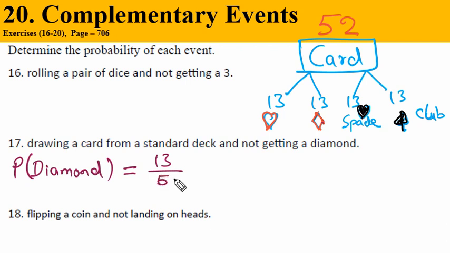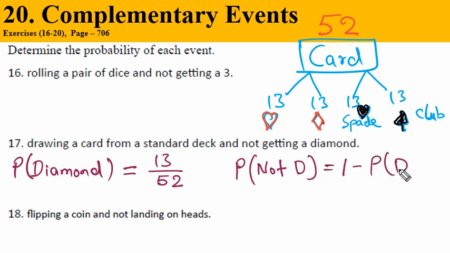The total number of cards is 52. Now, the probability of not getting a diamond. I'm writing D for diamond, okay? Not diamond is 1 minus the probability of getting a diamond. So 1 minus 13 over 52, and that gives you 52 minus 13, which is 39 over 52.